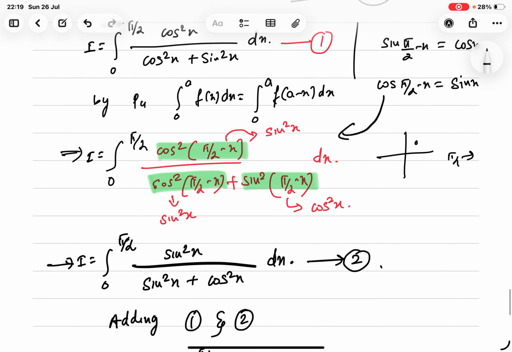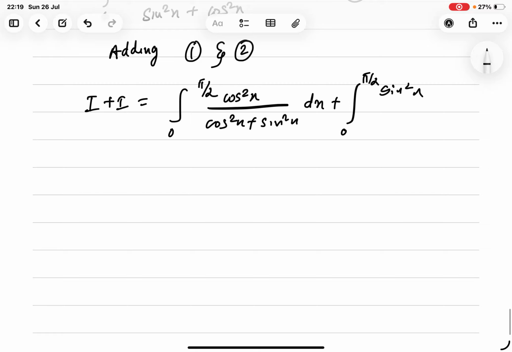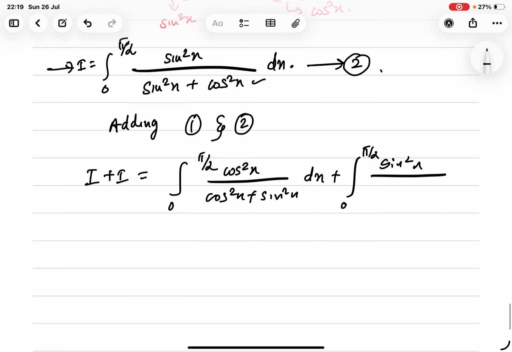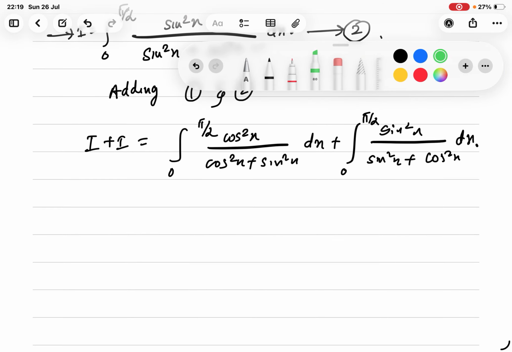You can see equation 1: that is nothing but cos square x divided by cos square x plus sin square x with respect to x, and also integral from 0 to pi/2, equation 2: sin square x divided by sin square x plus cos square x with respect to x. This is equation 1 and equation 2.